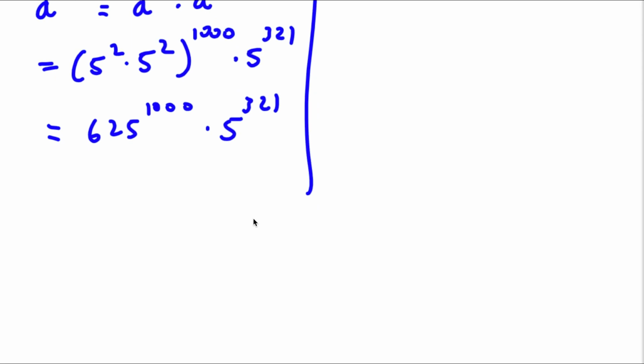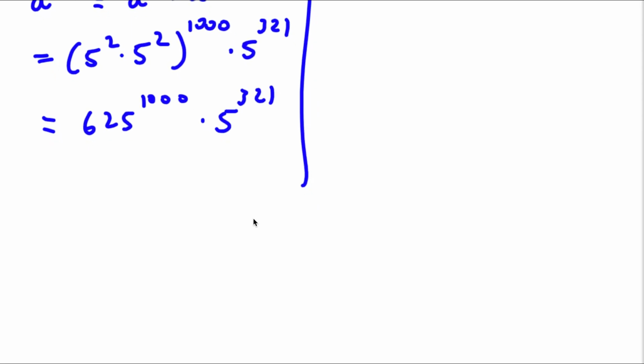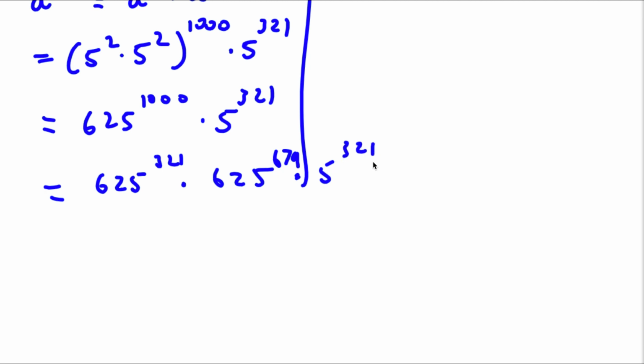Now 625 to the power of 1,000 is the same thing as 625 to the power of 321 times 625 to the power of 679. And then I still have my 5 to the power of 321 at the end.